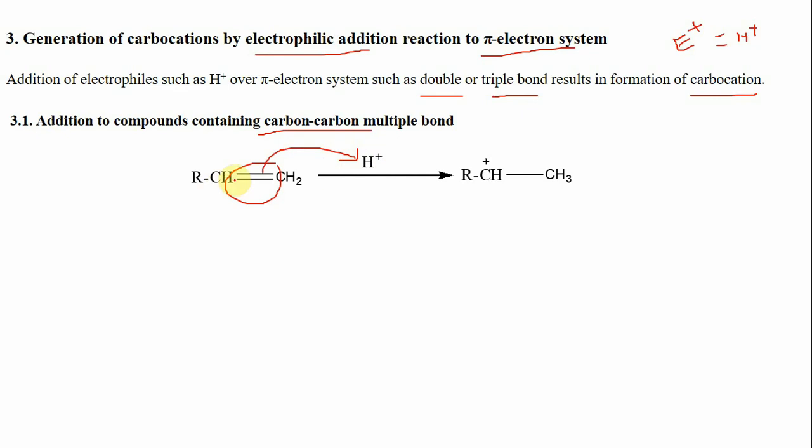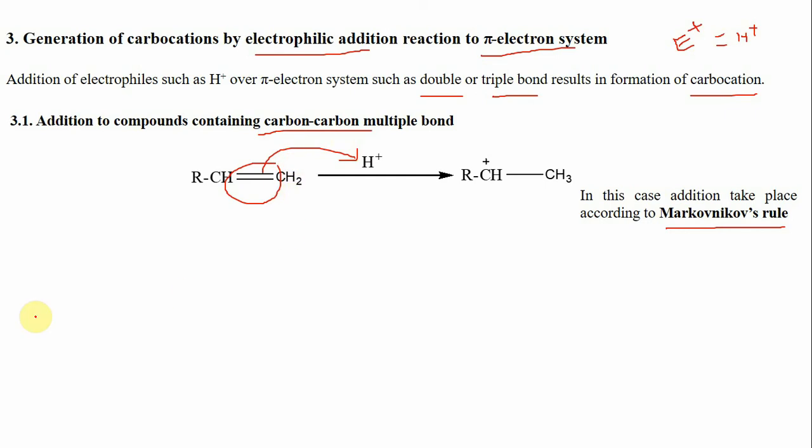However, the important point to remember is that this addition takes place according to Markovnikov's rule. So what is Markovnikov's rule? As we already know, Markovnikov's rule states that during electrophilic addition to a double bond, the electrophile adds to that carbon which has the maximum number of hydrogens. I am repeating it again.